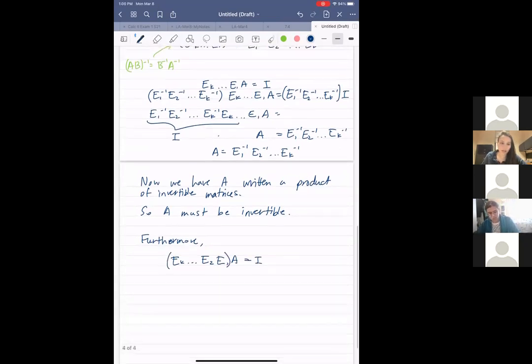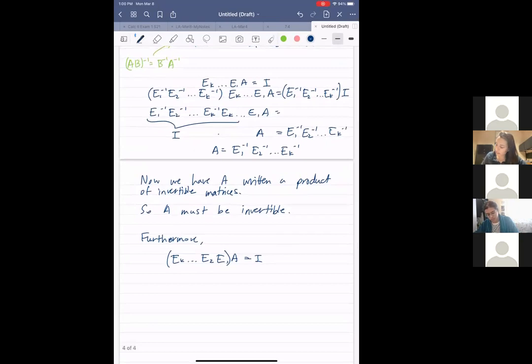That thing times A equals the identity, and if we multiply by the same thing on the other side, here I'm using the fact that I'm going to replace A with this right here.